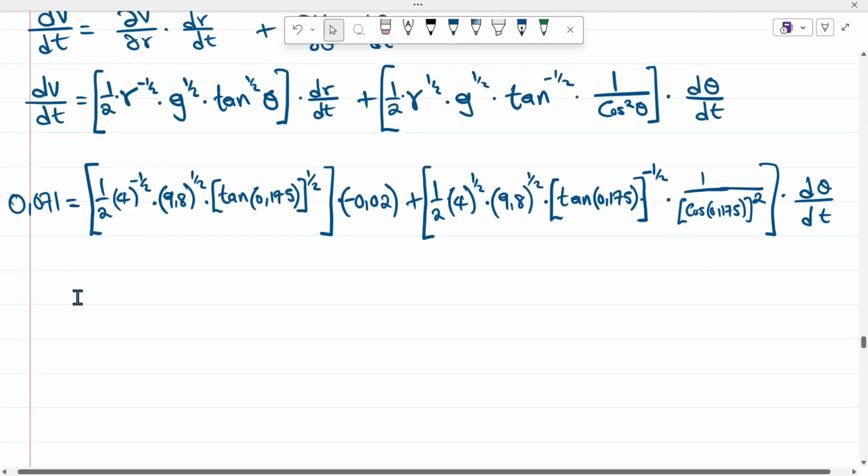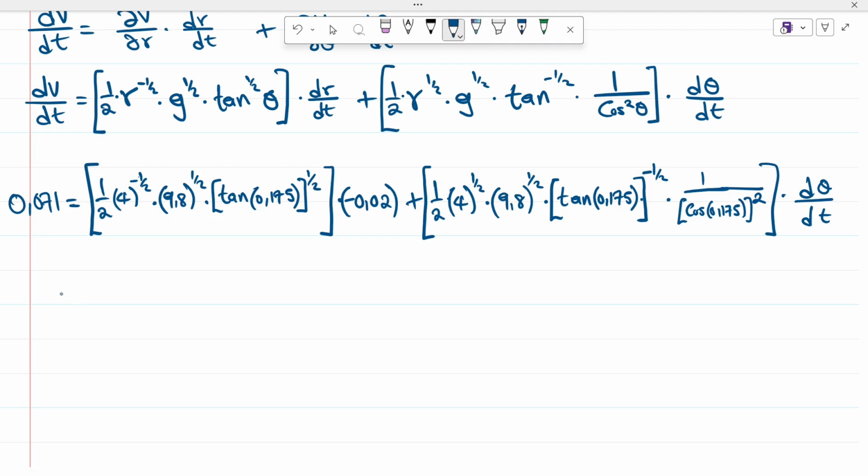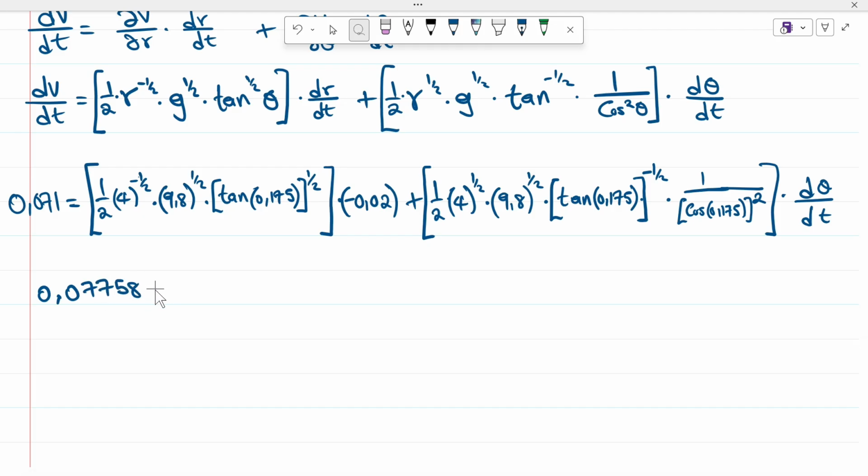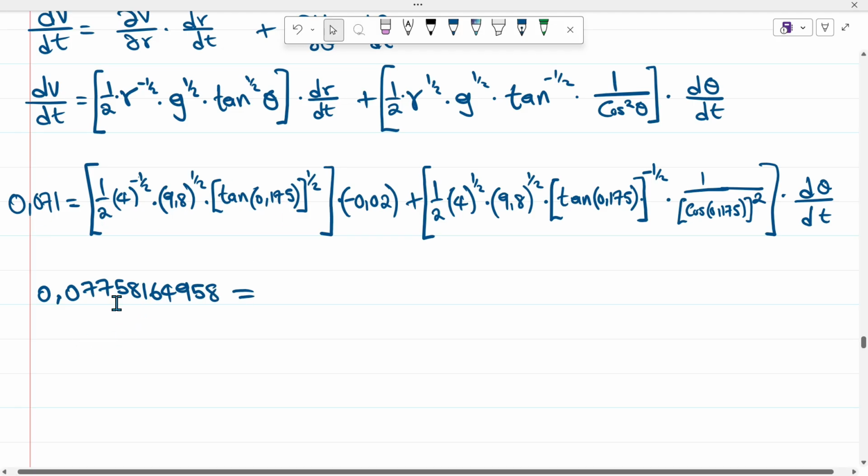So okay, from here we are going to take this whole term to the other side. So it's going to be negative. So when it goes to the other side, our left hand side, it will be positive, and then it adds with that. So you should be able to get something like this value.